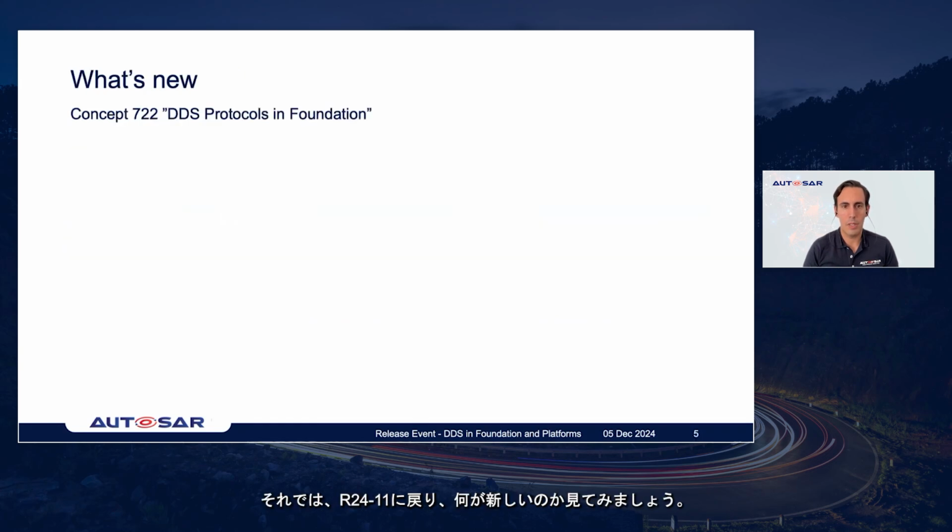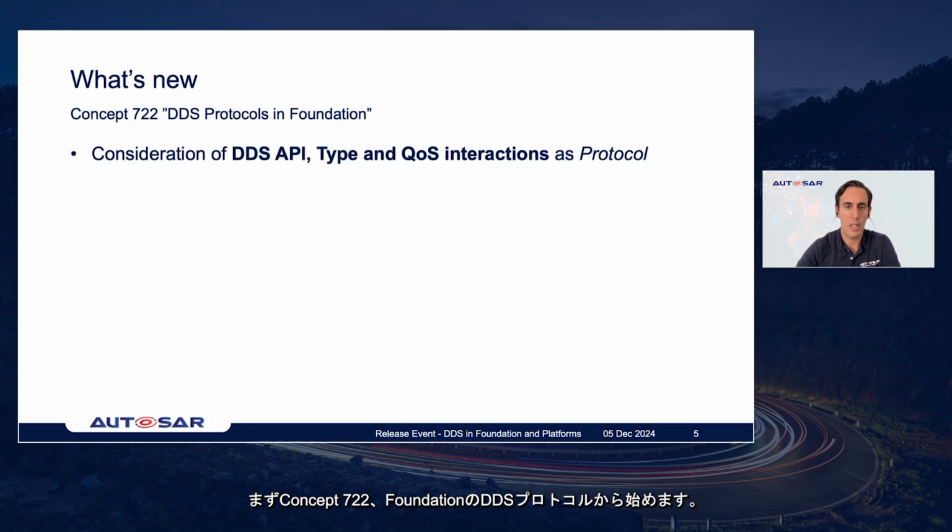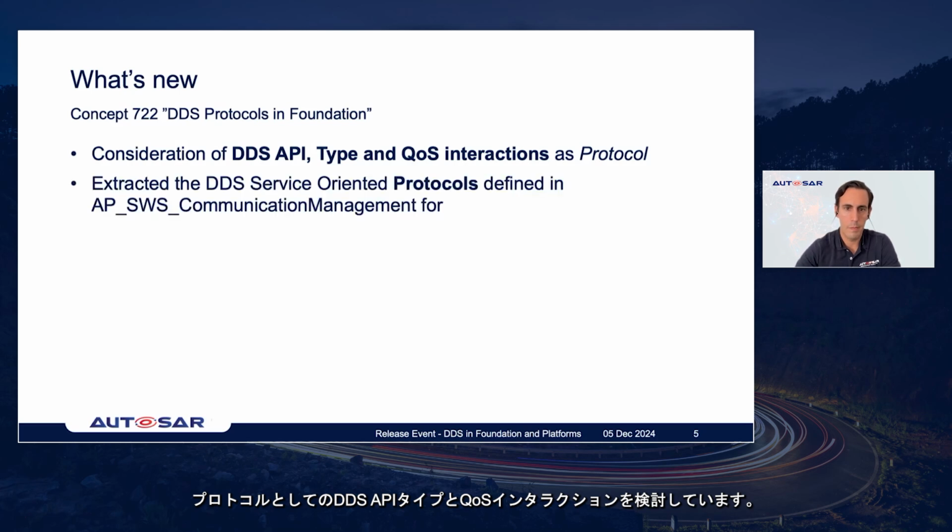So back to release 24-11, let's see what's new. And we are going to start with concept 7.2, DDS protocols in Foundation. This new concept shifts a little bit the idea of DDS in AutoSAR and we consider DDS API, type, and QoS interactions as protocol.